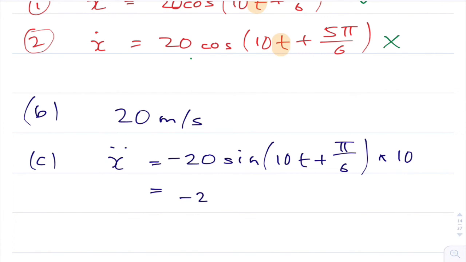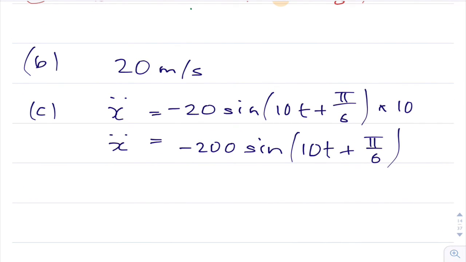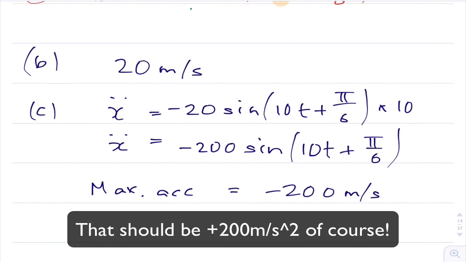So negative 200 sine 10t plus pi over 6. Alright, so I can see that the acceleration is the biggest it could possibly be is 200, the least it could possibly be is negative 200. So the maximum acceleration is equal to negative 200 meters per second squared.